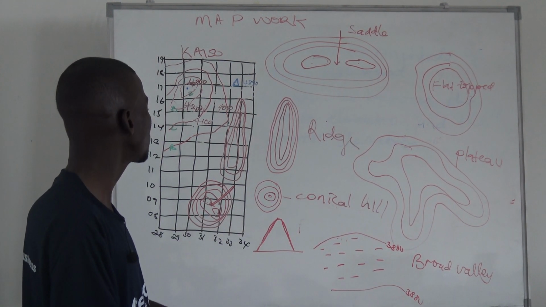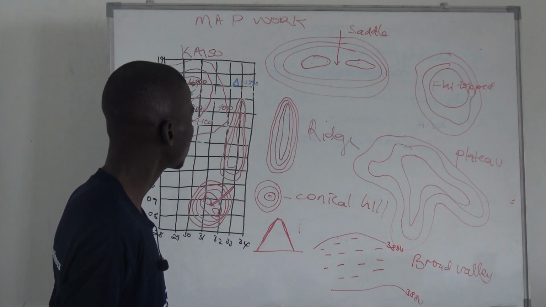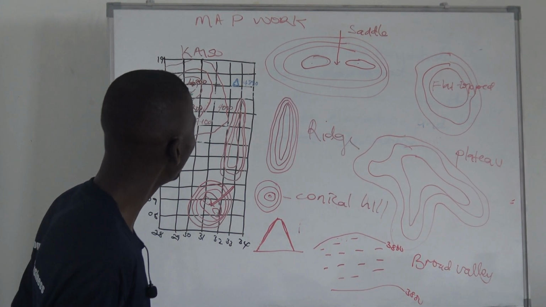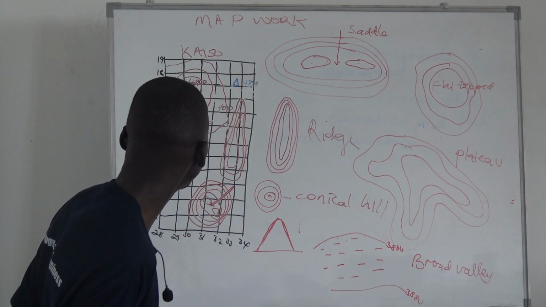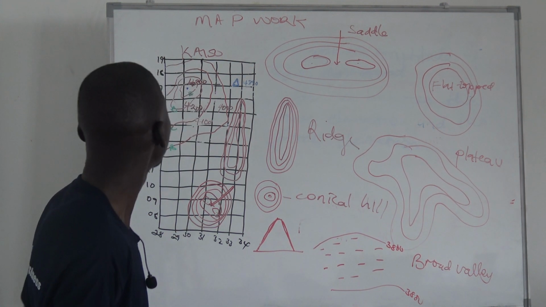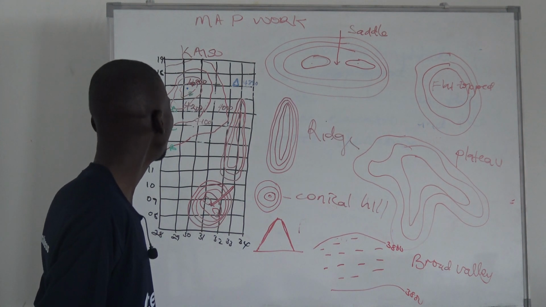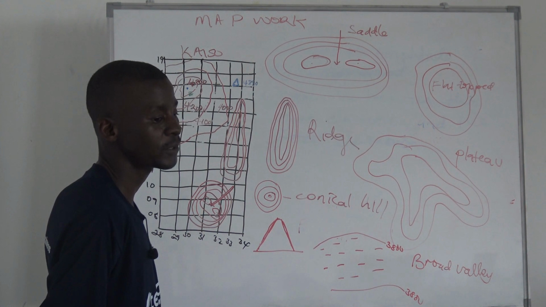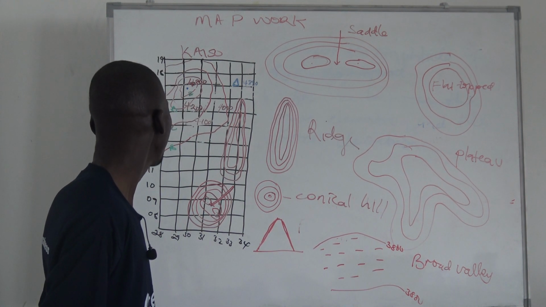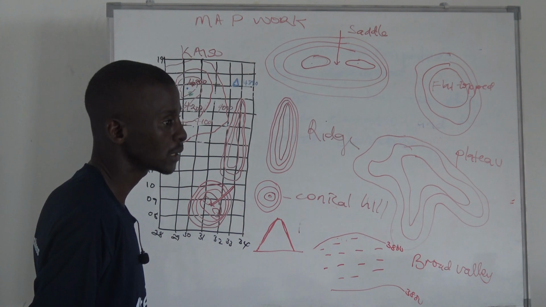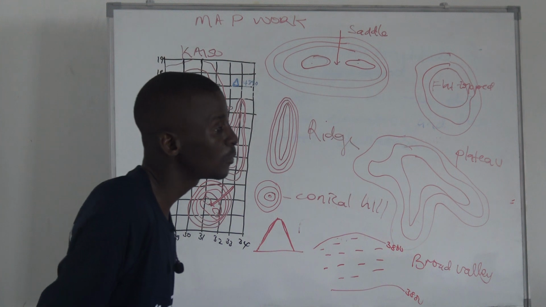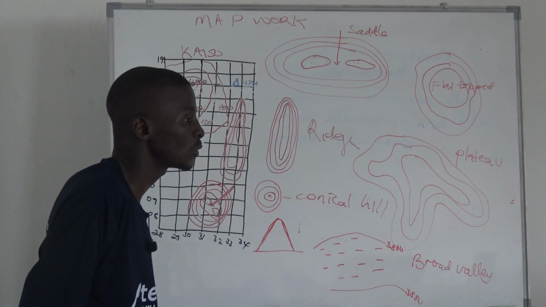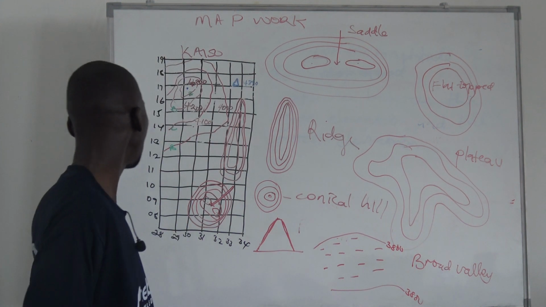The shape of the contours will always be there to tell you what type of feature is being represented. And what you should note is that these contours represent the nature of the landscape, or what we call the relief of the place. And relief of the place is not always flat, neither is it mountainous, but different places will have different relief types.